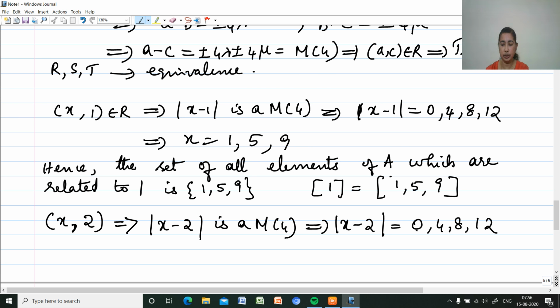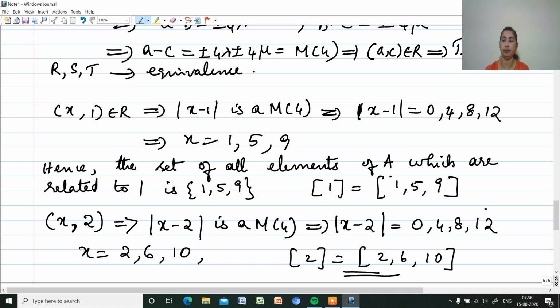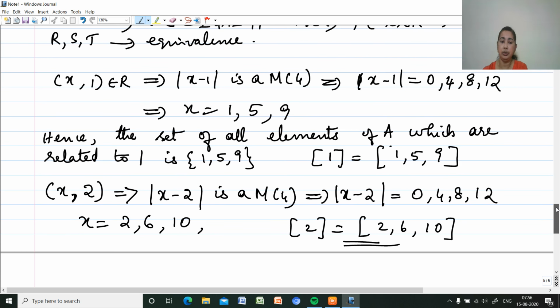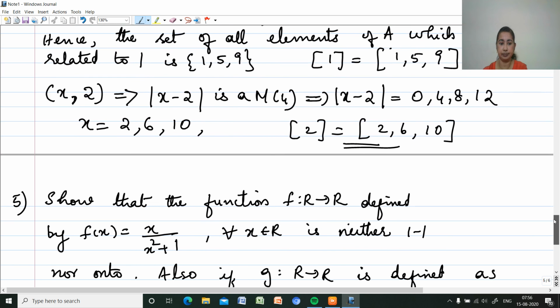If x minus 2 is equal to 0, then x can take the value 2. If it is 4, x can take the value 6. Then if it is 8, it will take the value 10. If it is 12, it will take the value 14, which is not an element of set A. So the equivalence class of 2 is {2, 6, 10}. So you should know what the equivalence class is.